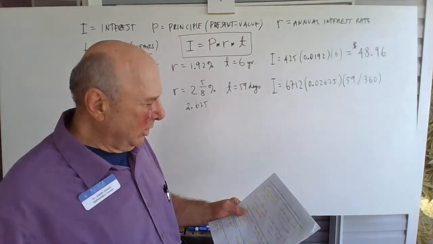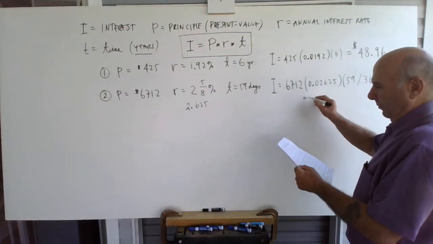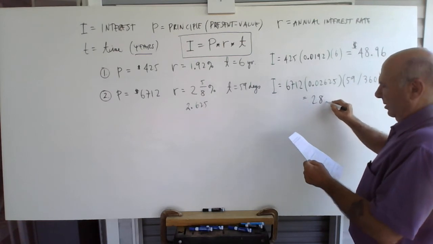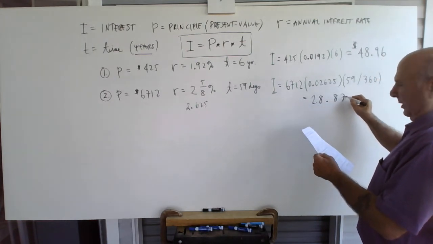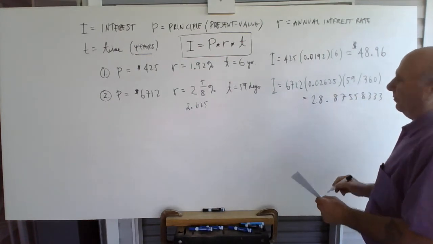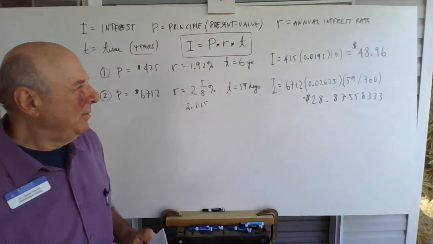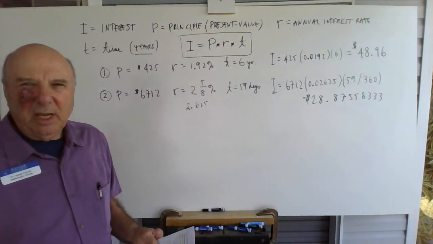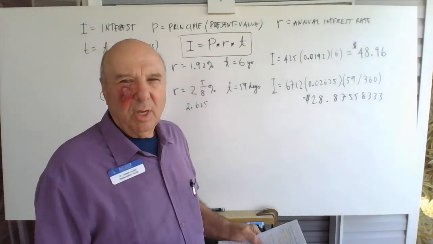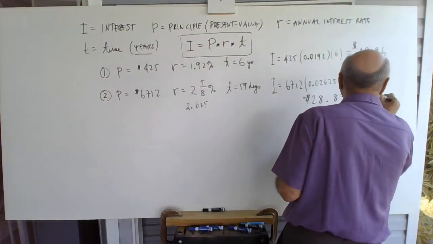And so for this one, if you work it out on the calculator, you'll get 28.87558333. And I don't want to forget my dollar sign. But now you see, I've given you the calculator answer. What do I do to it? I've got to round it to the nearest penny.